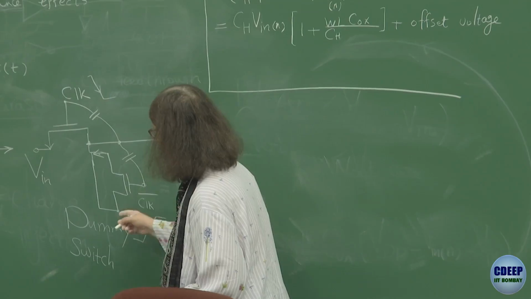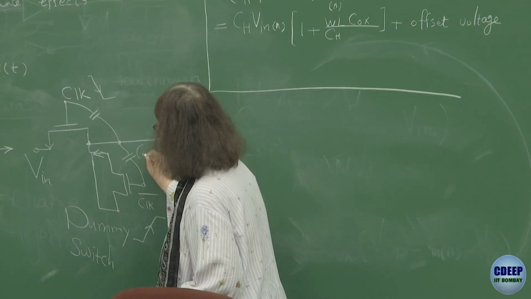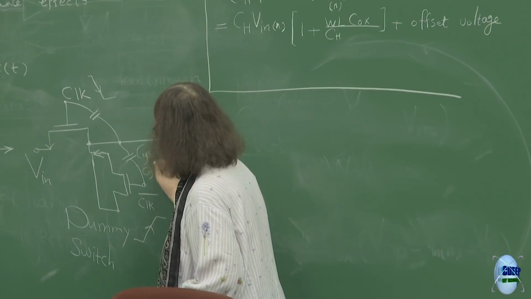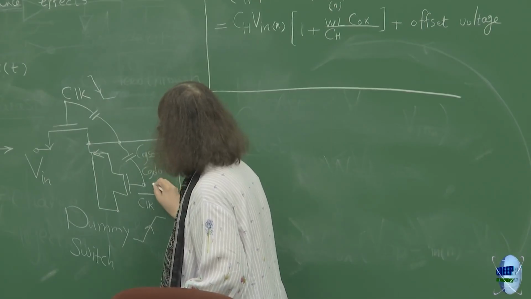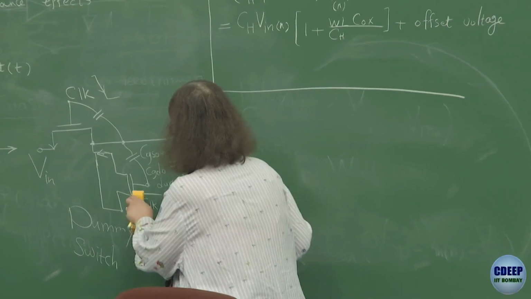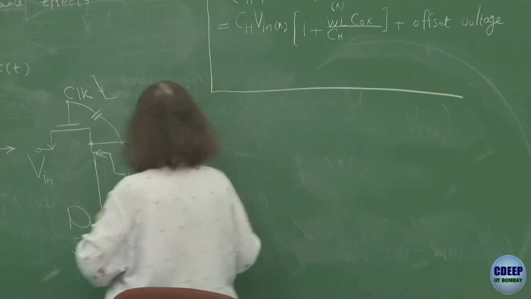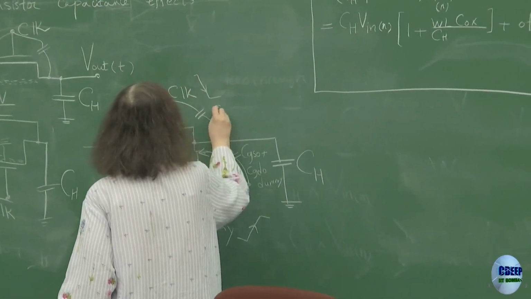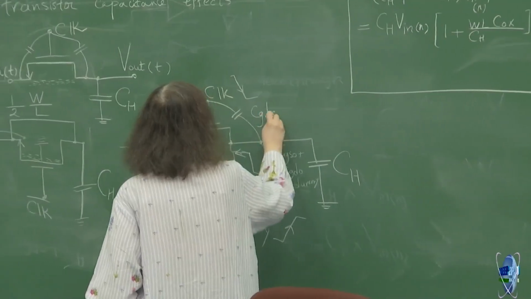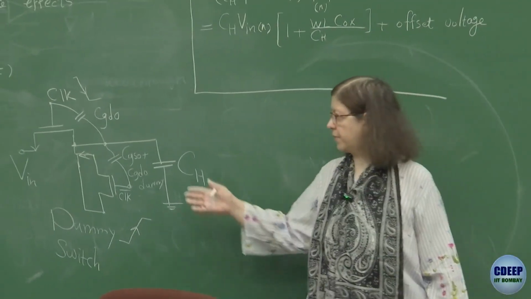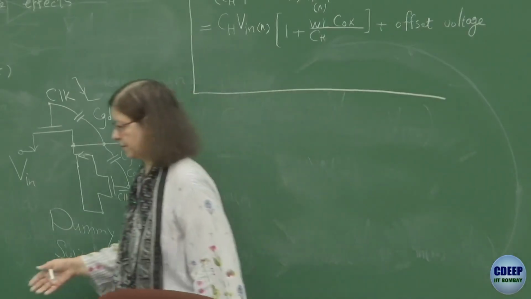Be careful, the two transistors are, so this CGSO plus CGDO of dummy are here. So what do you think now will happen for the clock feedthrough in these conditions?